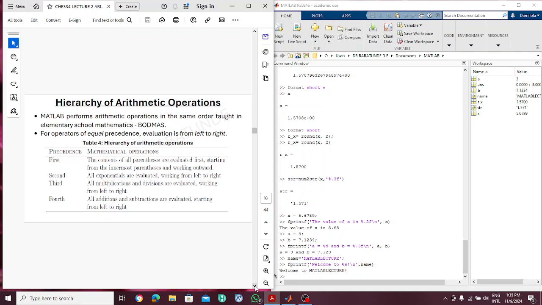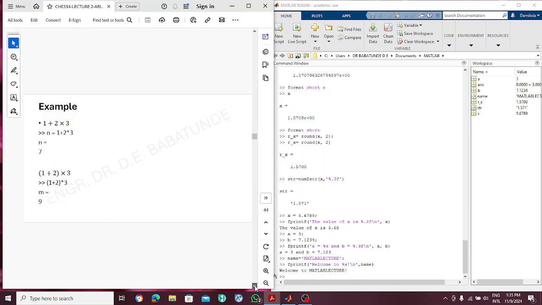So if we have several additions and subtractions in a command, it's going to process them from left to right. We should be aware of this so that we can give a command to MATLAB exactly the way it's going to interpret it and generate the result, so that there are no conflicts between what we expect and the way MATLAB interprets.